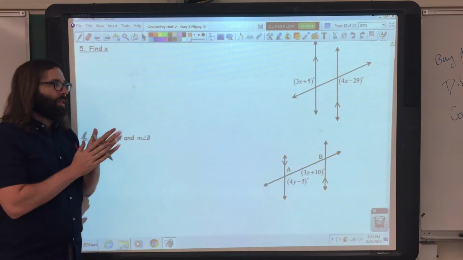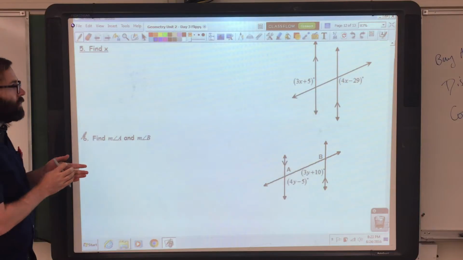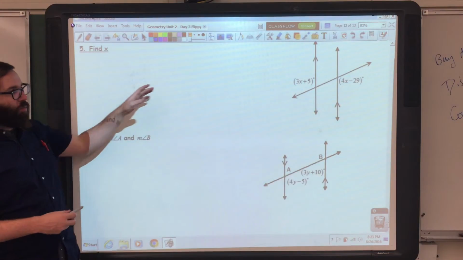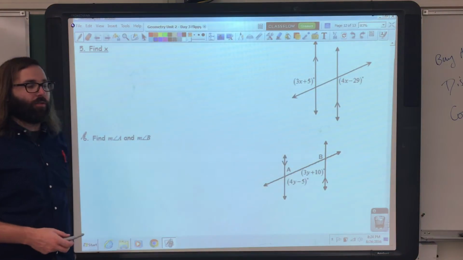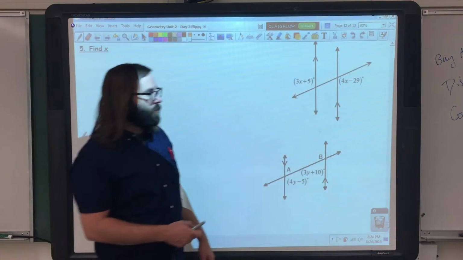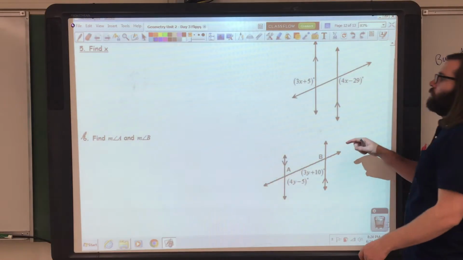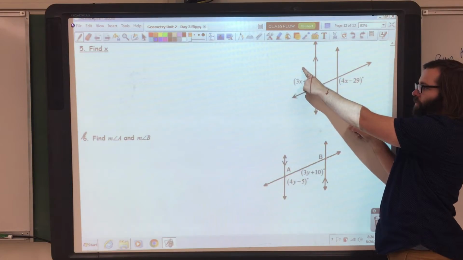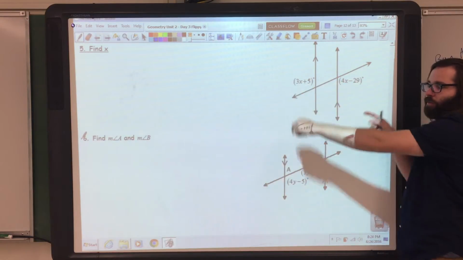All right, so let's go over 5 and 6. Okay, first thing you have to do is identify what type of angle relationship there is. So you'll notice, okay, they're on opposite sides of the transversal and on the outside of your parallel lines.